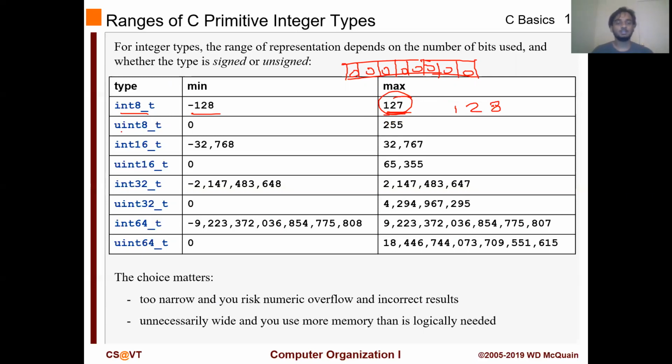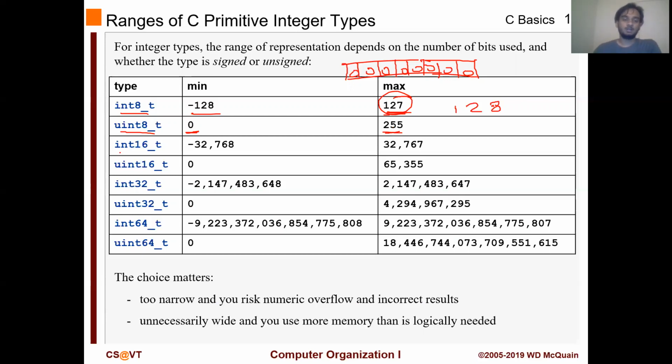If it's a uint8, which means unsigned 8-bit integer, in that case, the lowest value is going to be 0, the highest value is going to be 255. Unsigned basically means there are not going to be any negative values. So that's why it starts from 0 and ends at the highest number you can get to.